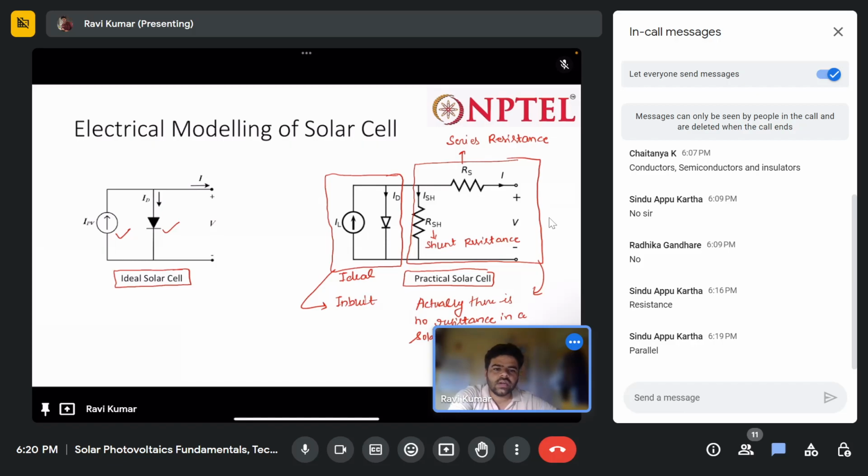This is the model, and I am saying if RSH equals 0, then what will happen? It is very simple. Just think of it this way. I am just putting RSH here, and if I am making this RS equal to 0, then what will happen?